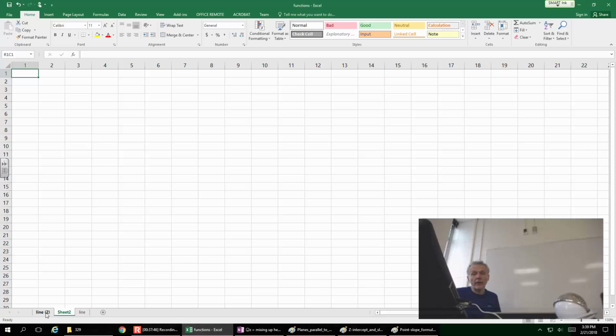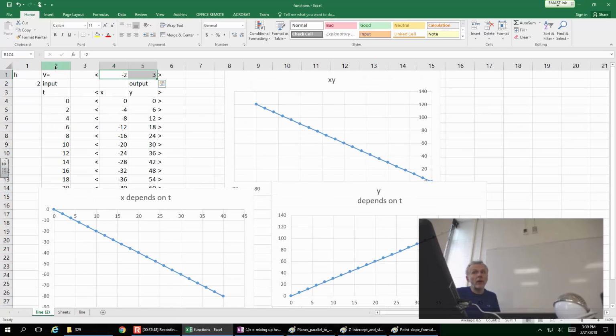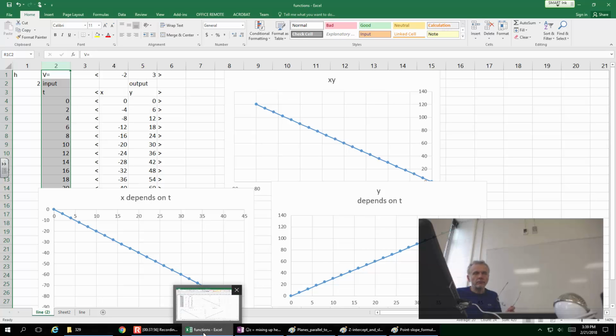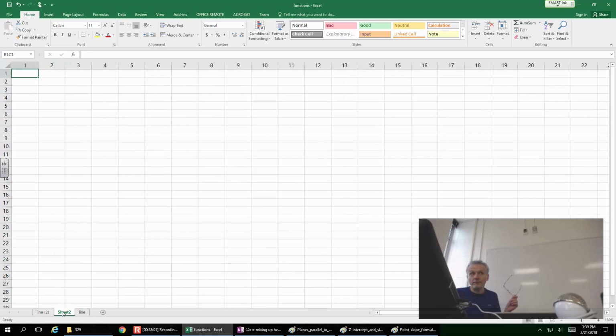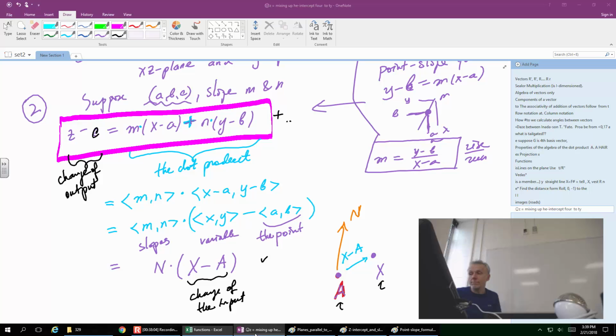So once again, look at this as a function of one variable. The input, excuse me, is a column. Function of two variables. What's the answer? And the answer is not two columns now. What are we trying to make?